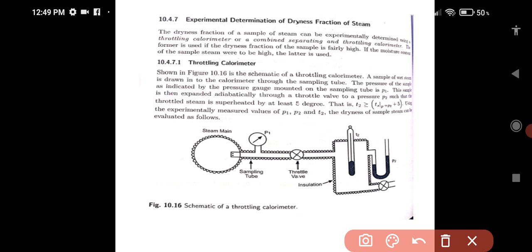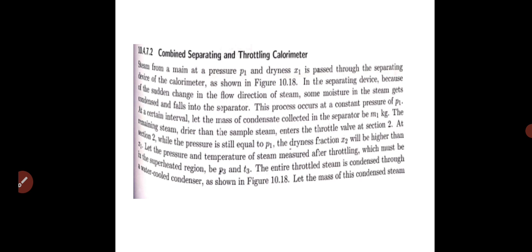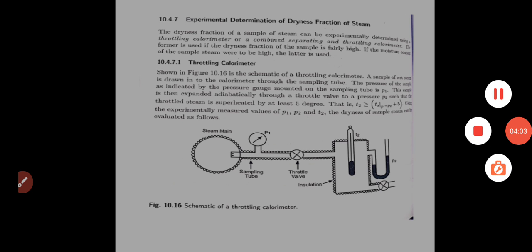You can see this vessel here, it is expanded. And when it is expanded, I am going to see the temperature. So you can see the thermometer here and the manometer here. So you have got thermometer and manometer, and the steam is expanded.